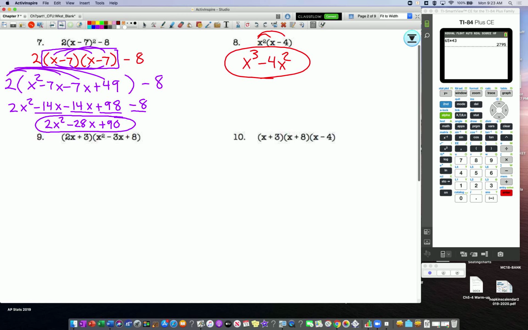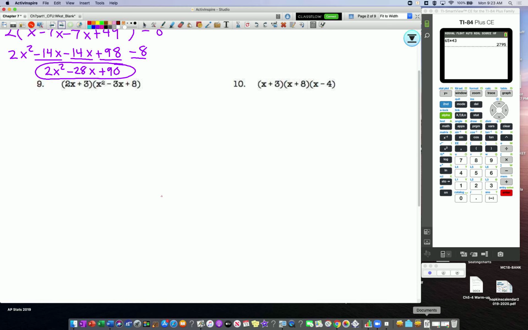Here now, if I look at number 9, notice how I have 2 terms times 3 terms here. So to me, this is where the box method has the advantage over the FOIL method. Because with the box method, I can easily make the number of terms on the sides as big as I want.